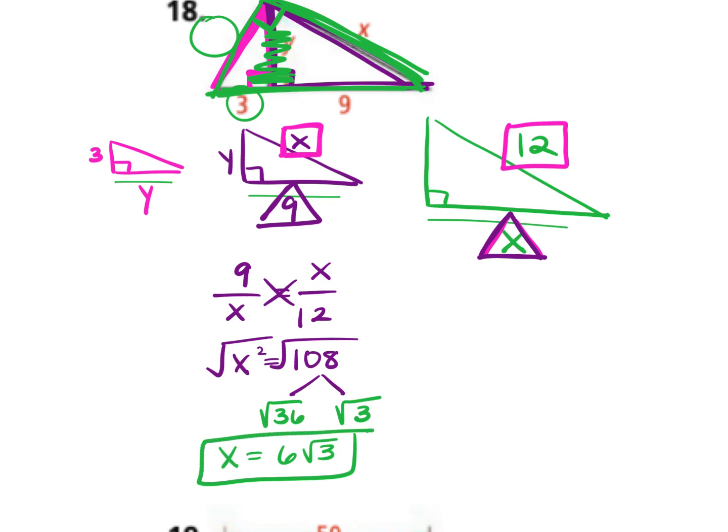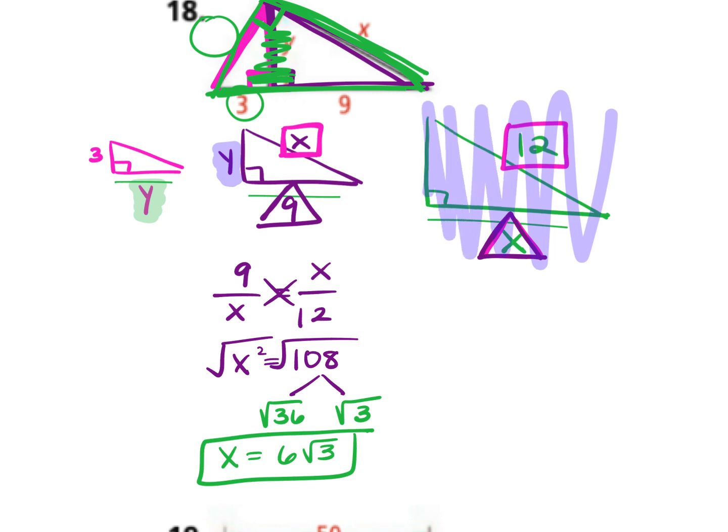Then you also need to solve for your y value. So let's take a look. Y is here. Okay, there's also a y here. So in that setup then, it looks like we're probably ignoring the biggest triangle. Let's see if we have corresponding parts here.